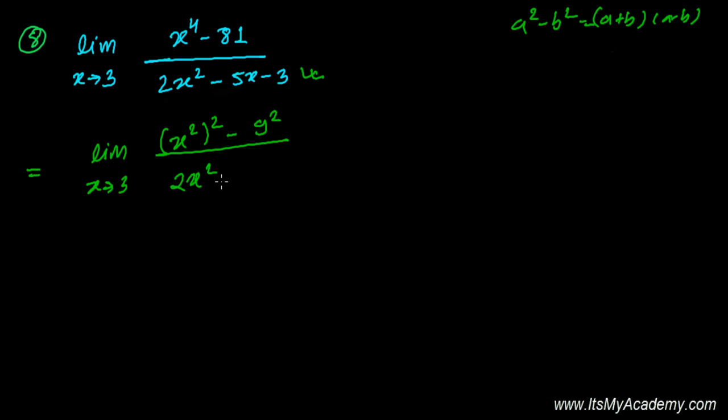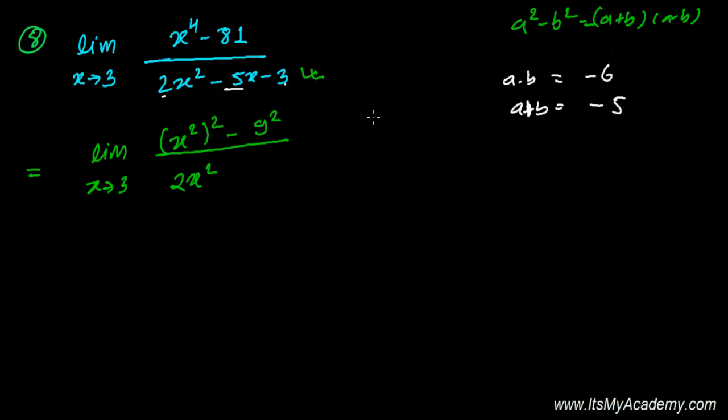Before solving, let me tell you something here. We can do this by middle term split, and we need to find two numbers whose product should be 2 times minus 3, that is minus 6, and the sum should be minus 5.